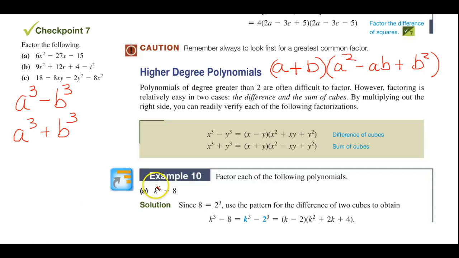So let's go on to do this one. Again, a parenthesis for 2, parenthesis for 3. What's my sign? Negative. So over here we're going to put a positive. Cube root of that is k. Cube root of 8 is 2. Square the k.